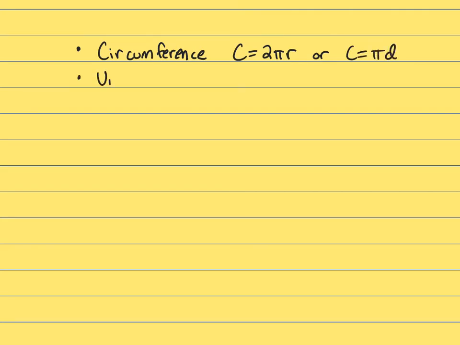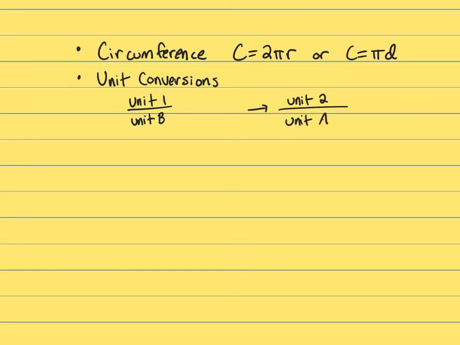The next general principle is that you're going to be using unit conversions. Let's say you have unit 1 over unit B, and you want to end up with different units, like unit 2 over unit A. You need to multiply by something that will take care of converting unit 1 to unit 2.